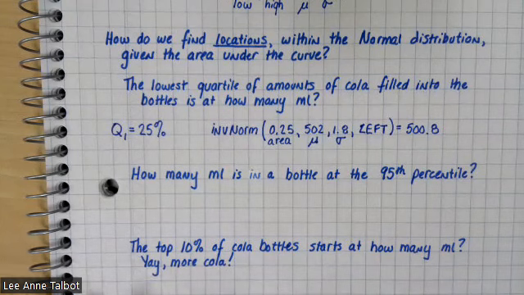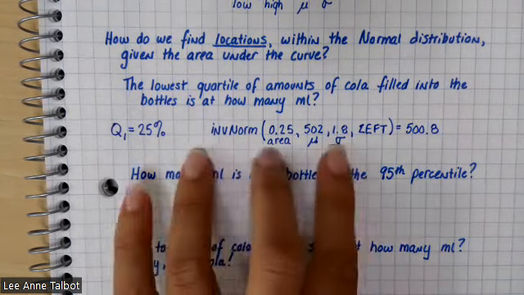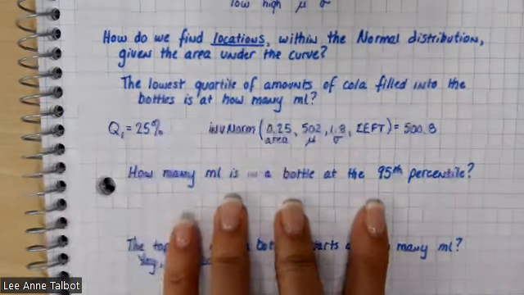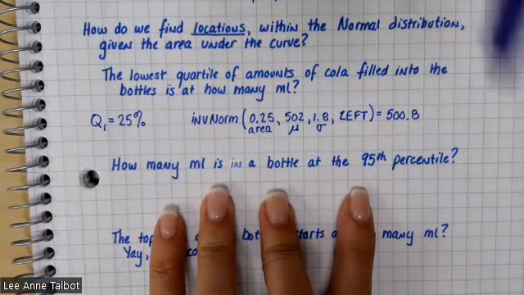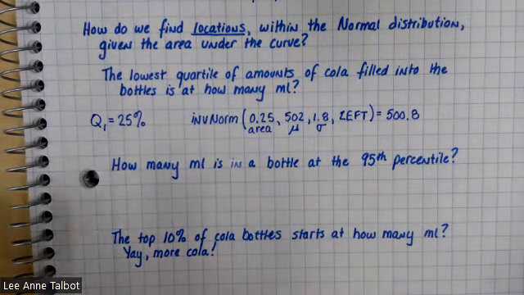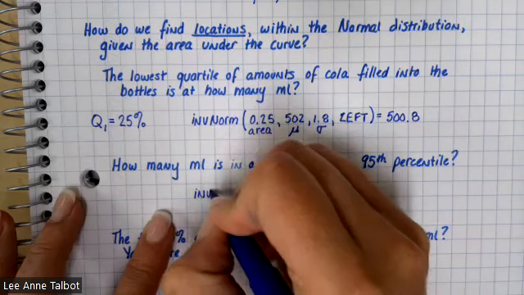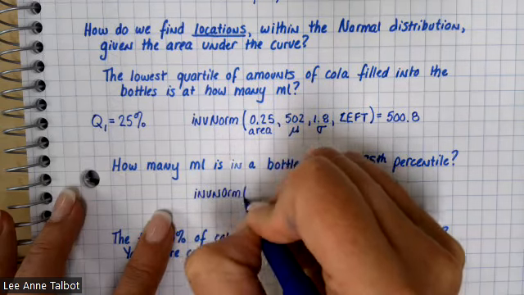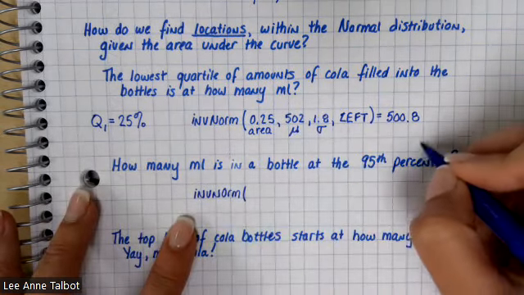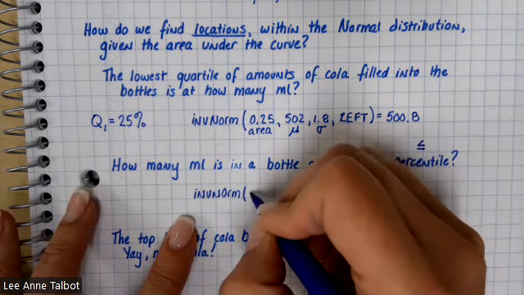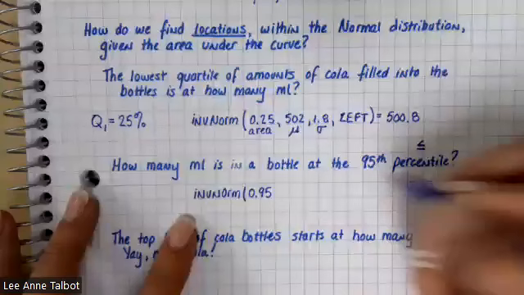Do you guys have this one written down yet? How many milliliters is in a bottle at the 95th percentile? Okay, we're ready. Inverse norm. Percentiles are less than or equal to. So my area is 0.95.